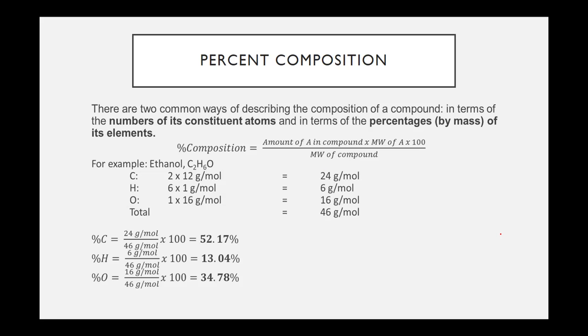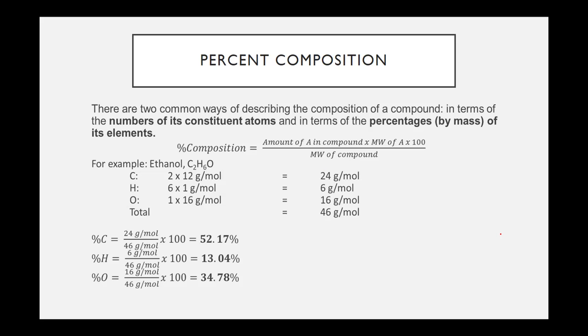And in terms of the percentages by mass of its elements. So percent composition can be calculated with the formula by dividing the amount of a compound times its molecular weight times 100 divided by the molecular weight of compound.